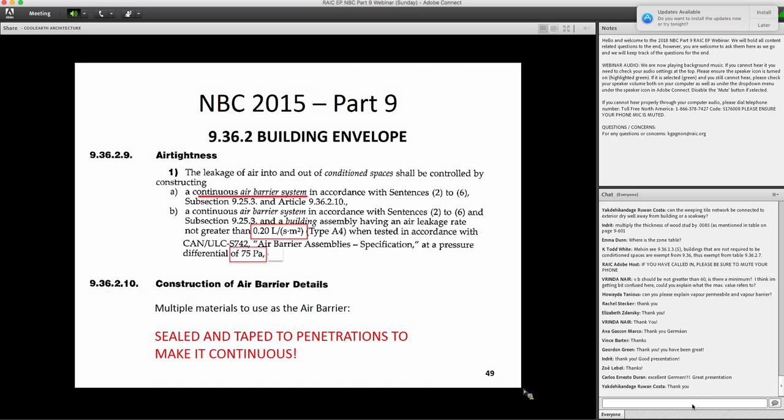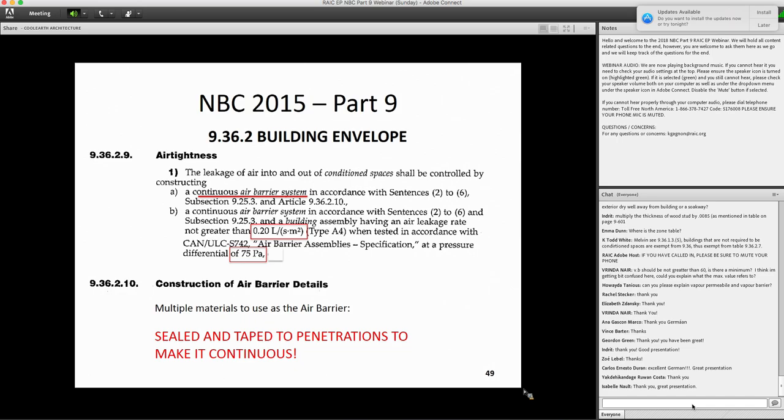Can you please explain vapor permeability and vapor barrier? Vapor permeability is the capacity of the material to allow the vapor to flow, and the code tells you that the vapor permeability of the material cannot be more than 60. So any material that has less than 60 can be used as a vapor barrier.